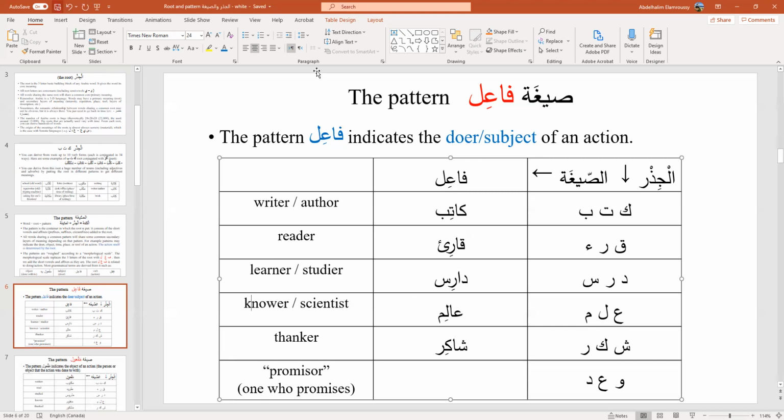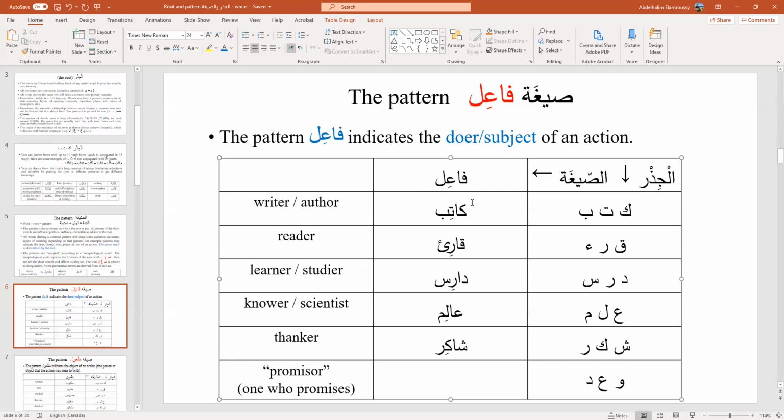This word doesn't exist. So let's go now to the fourth root, which is ayn lam mim. This root has to do with knowledge. That's right. So if you like to combine this root with this pattern, again, the first step, you will replace the fa with the first letter of the root, the ayn with the second letter of the root, and the lam with the third letter of the root.